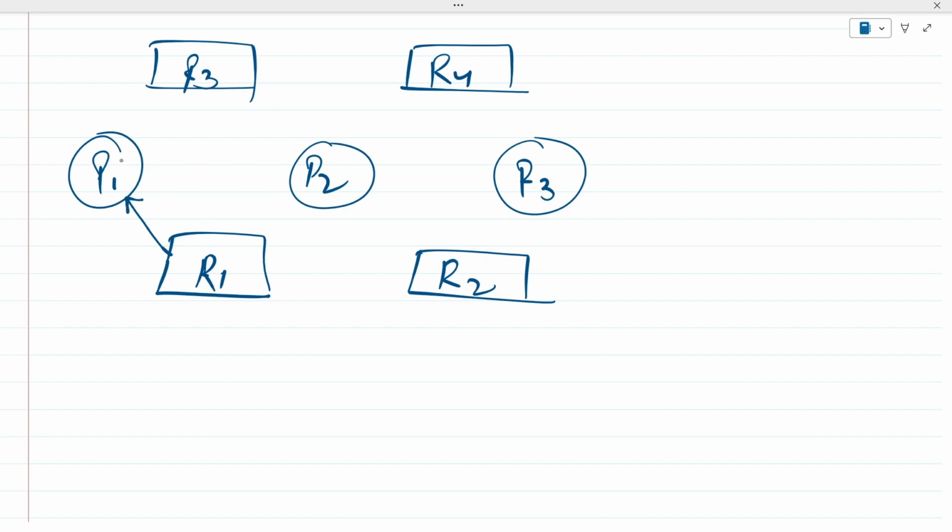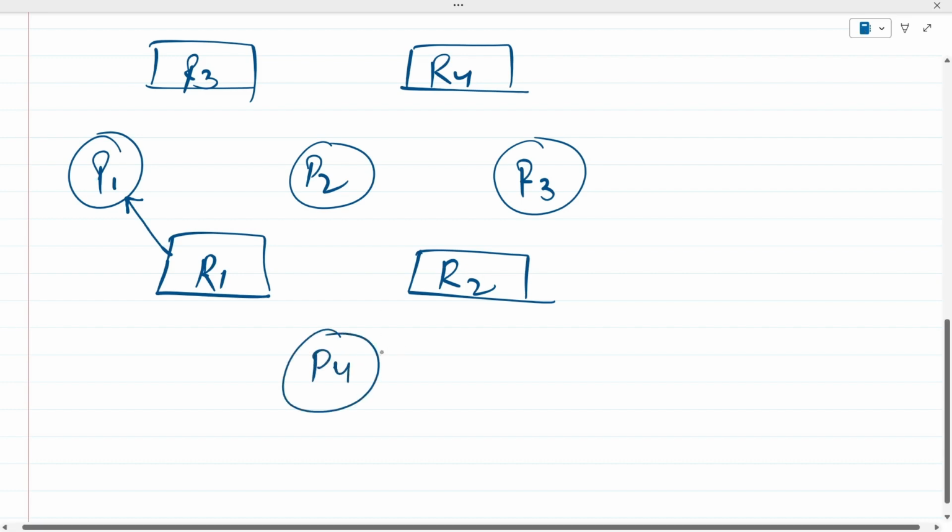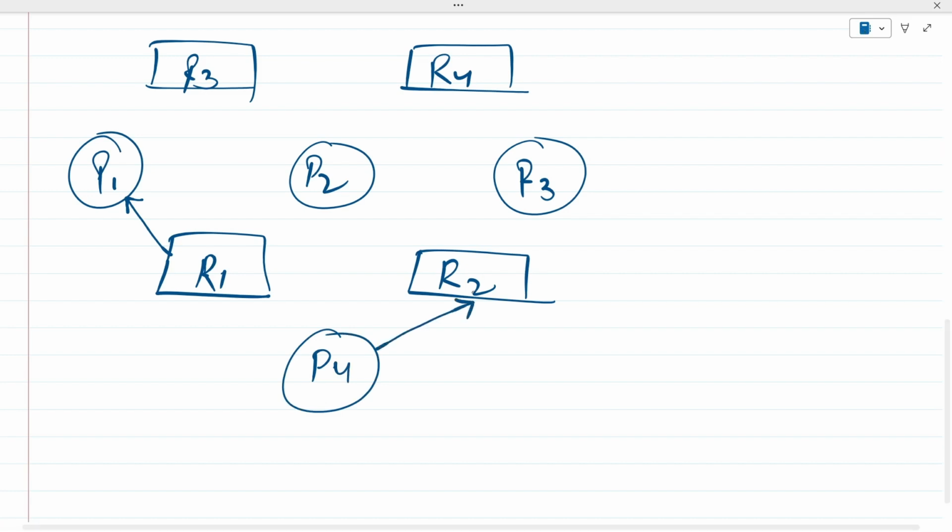This represents that P1 has R1, which means allocation. When there is a process P4 and the arrow goes from the process to a resource, it means P4 requests resource R2.